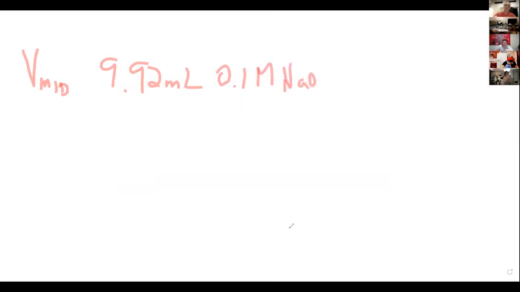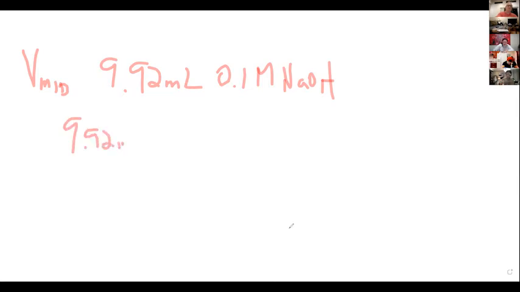All right. Just look at this right from the beginning. They give you a volume at the midpoint of the titration, which was 9.92 mL. So that's how much 0.1 molar sodium hydroxide was dispensed at the midpoint. We need to figure out how many moles that is.